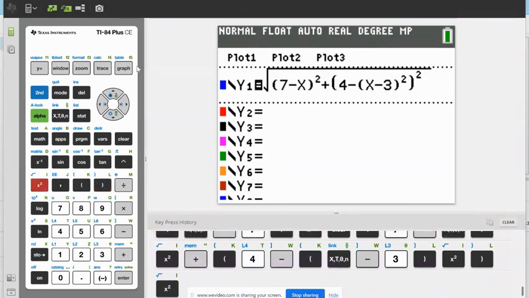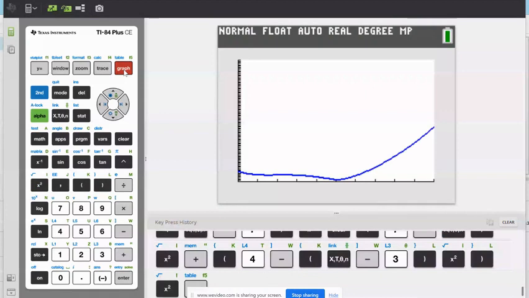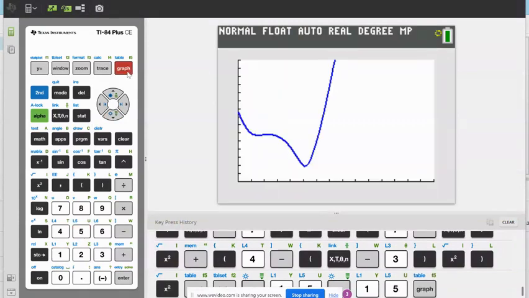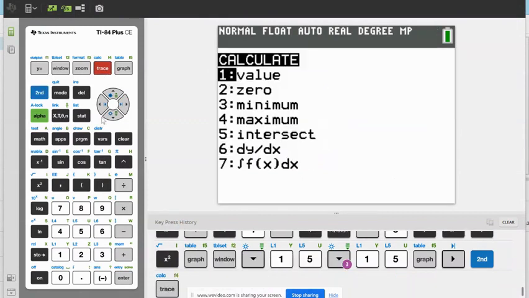Does that look right? Yeah. Okay. Window. Window 15 and 15. There we go. Is that how yours looks? Okay.